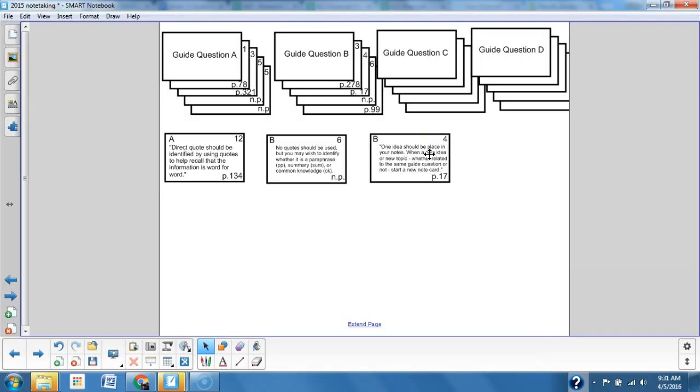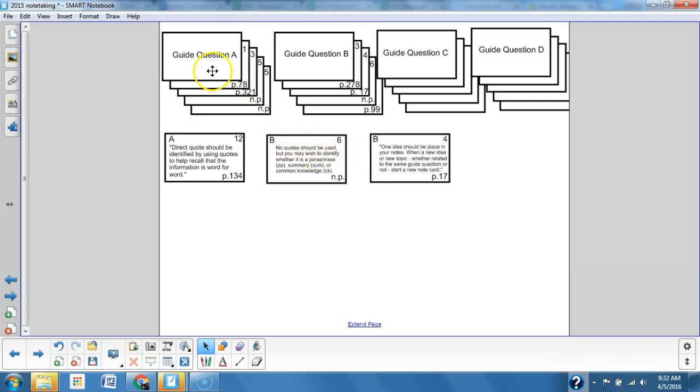For example, with wind energy, if I'm dealing with cost, and one note deals with startup costs and then the same source keeps going on about maintenance cost, I would start a new note card. I'm going to use this later to divvy it up and organize this information. So you need to focus on only putting one idea per card. Don't go beyond that, even if the idea is related.